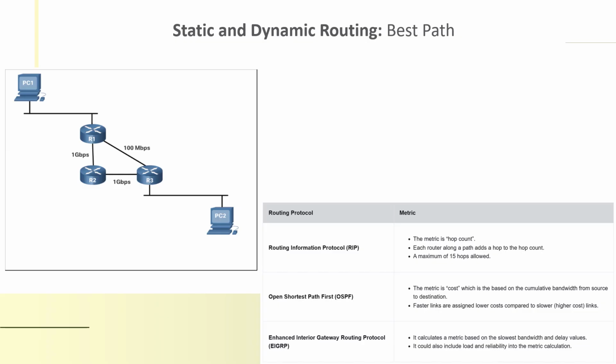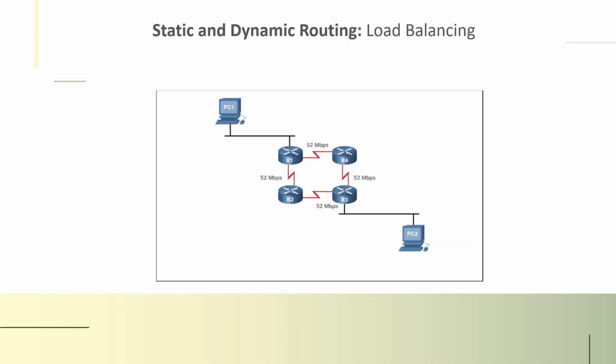But what happens if a routing table has two or more paths with an identical metric to the same network? When a router has two or more paths to a destination with equal cost metrics, the router can forward the packets using both paths equally. This is called equal cost load balancing. The routing table contains a single destination network but has multiple exit interfaces, one for each equal cost path. The router forwards packets using the multiple exit interfaces listed in the routing table.